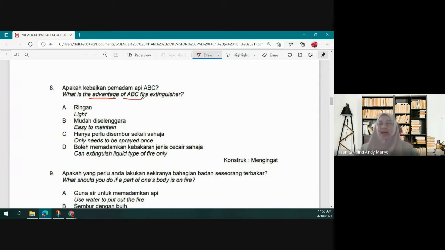Apa kelebihan pemadam api ABC compared to the other type? Is it light? Easy to maintain? Only need to be sprayed once? Or can extinguish liquid type of fire only? Which one do you think is the advantage of using ABC fire extinguisher?